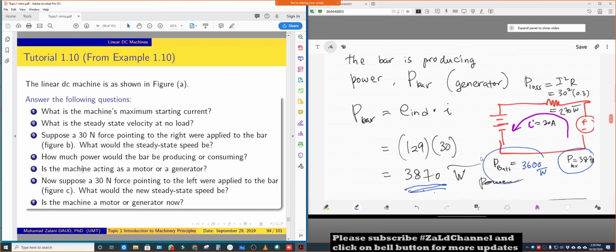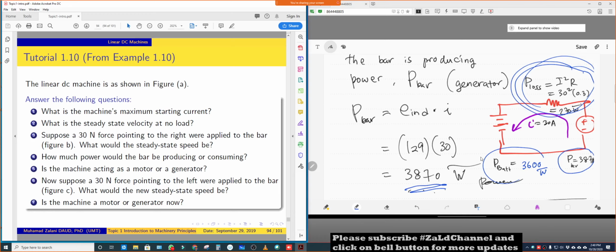If the question asks us to find the power loss, we can use this equation. P loss is I squared R. So I squared is 30 squared, which is 30 amps, times the resistor of 0.3.